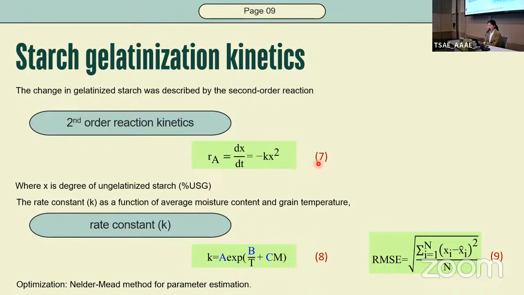The change in gelatinization was described by a second order reaction that is shown in equation 7. X is a degree of ungelatinized starch, and K is a rate constant that is a function of pressure and temperature. As for the constants A, B, and C, they were provided by the optimization using a measurement method to minimize the error in the equation.